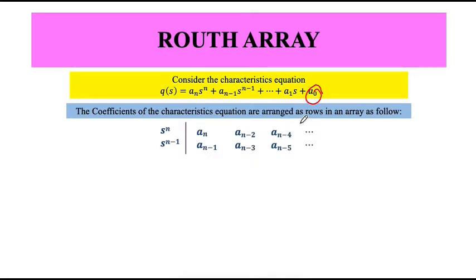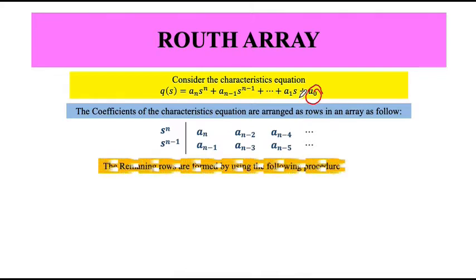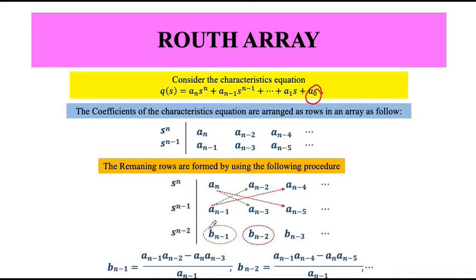How about the remaining rows? Given s n minus 1 and s n minus 2, this number is b n minus 1. Compute it in the following way: I take a n minus 1 times a n minus 2 minus a n times a n minus 3, divided by a n minus 1.